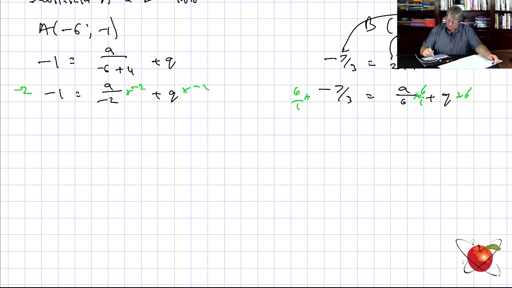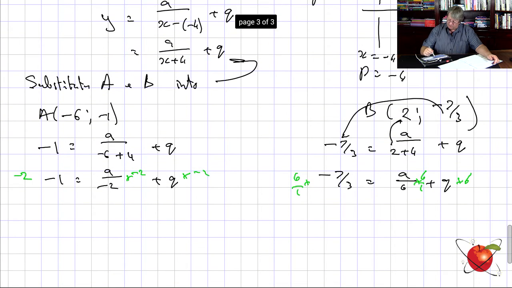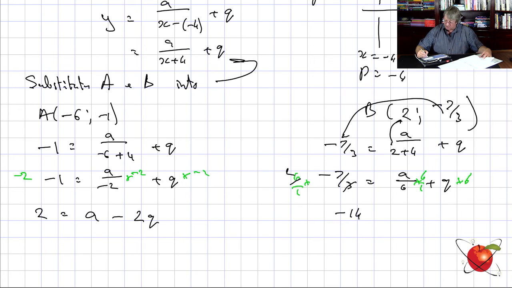Therefore, what am I left with? On the left-hand side we end up with 2 equals a minus 2q. And on this side we get minus 14, because that 3 cancels with the 6 there, and is equal to a plus 6q.